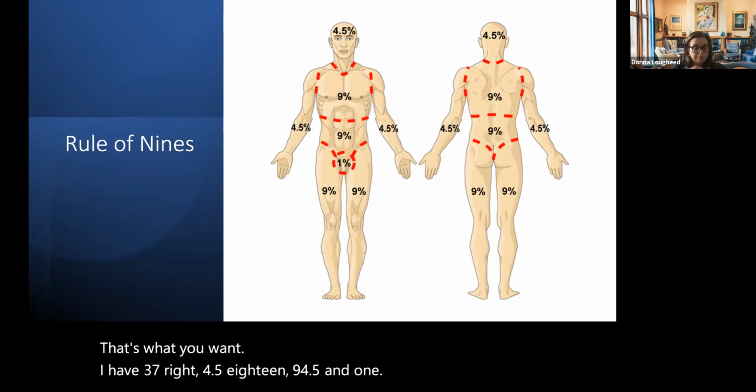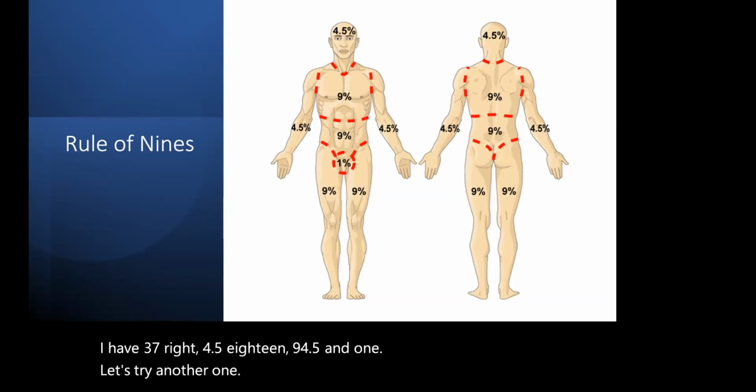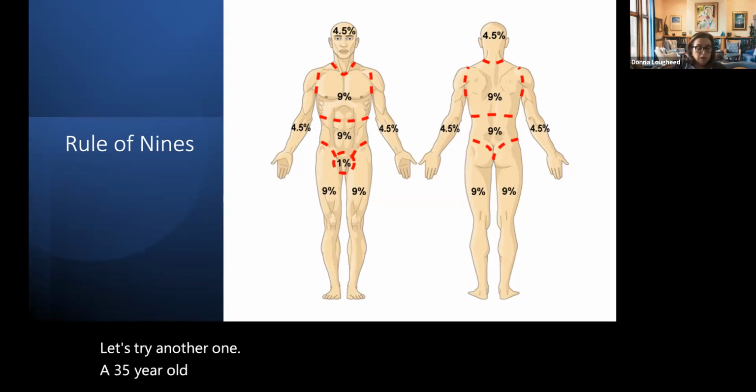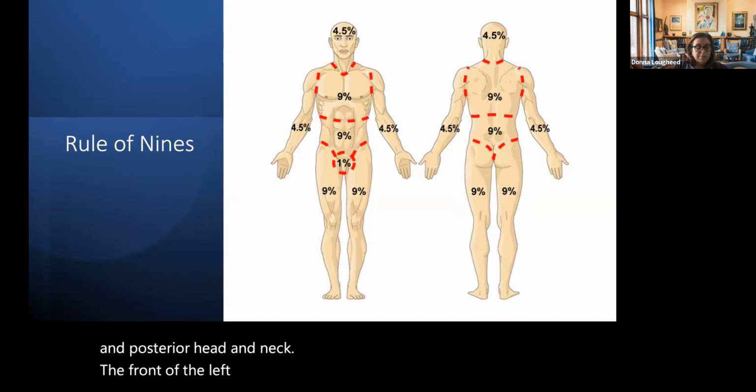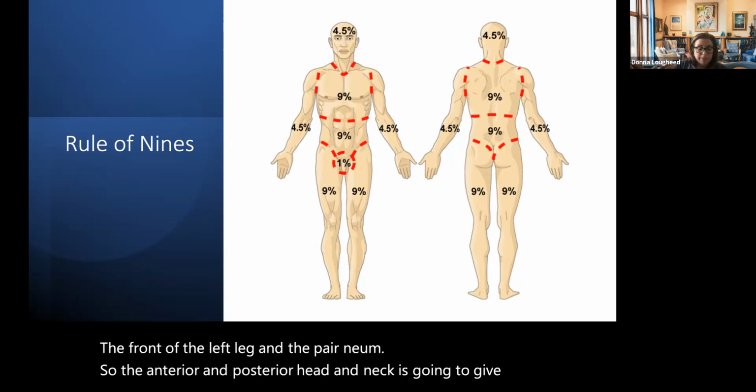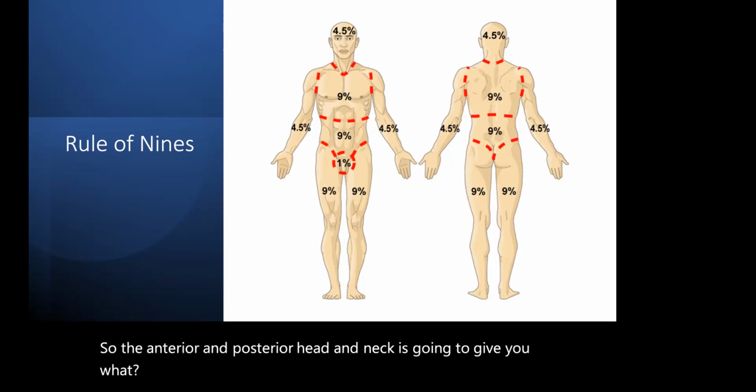Let's try another one. A 35-year-old male patient has full thickness burns to the anterior and posterior head and neck, the front of the left leg, and the perineum. So the anterior and posterior head and neck is going to give you what? 9, good.